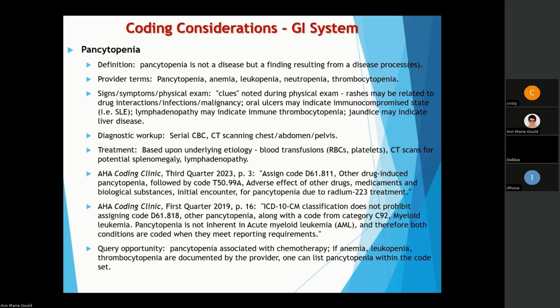So there are certain rules, like Excludes1 notes, that say you can't code this diagnosis with this one. But in this particular example from Coding Clinic, the pancytopenia is not inherent to the AML, so you can code the pancytopenia along with your acute myeloid leukemia diagnosis.